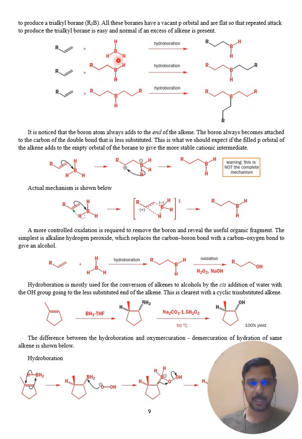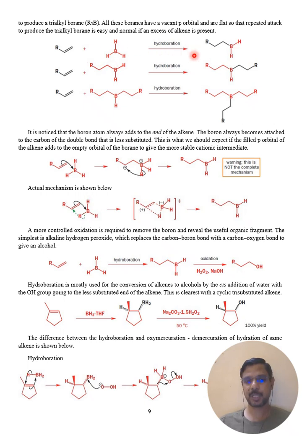So we take diborane or any kind of substituted boranes, okay, tri-substituted boranes. Since boron is an electron deficient center, it is always attacked by the electron rich center where more electron density is there among the two carbon atoms, right? So this boron will always be added to the terminal carbon. So where the terminal is there, the boron atom will be attached to that carbon, right?